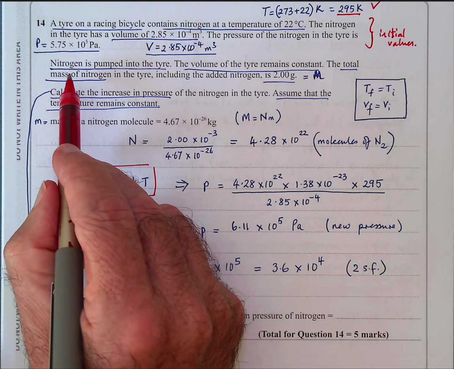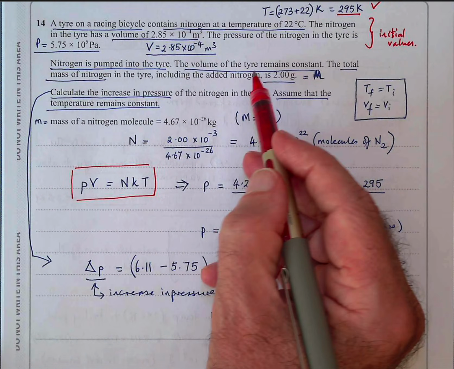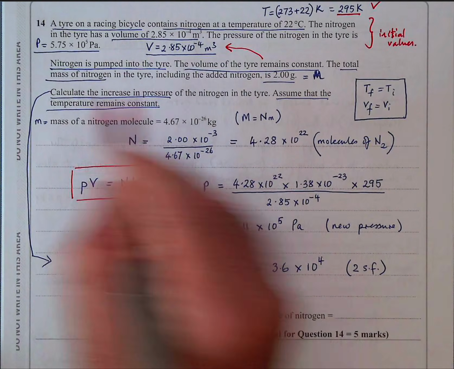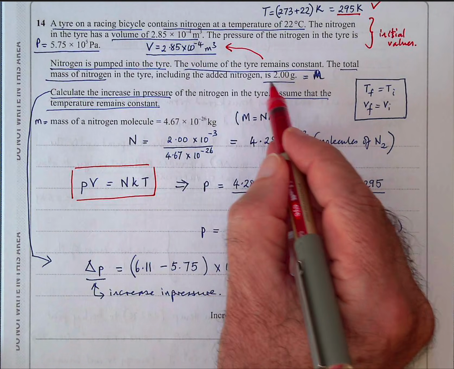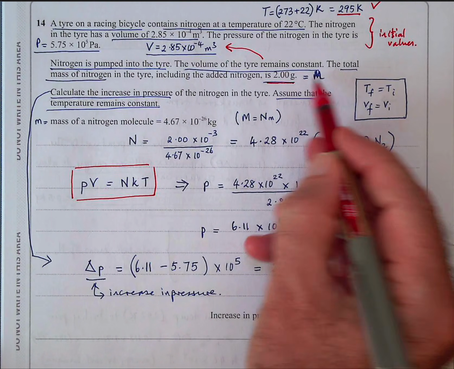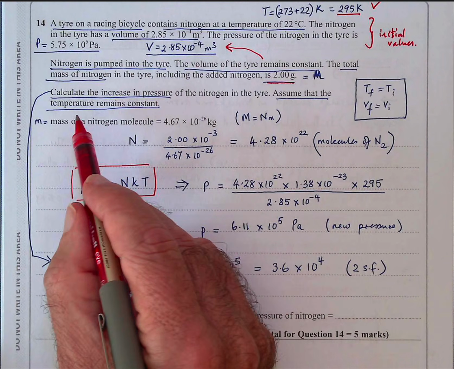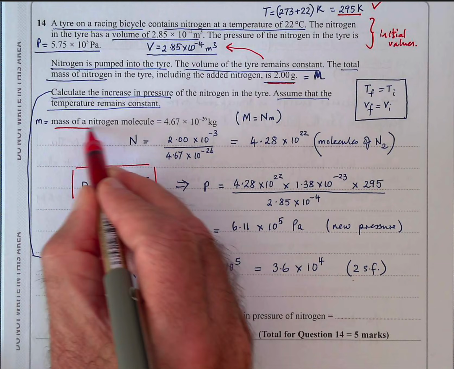And then nitrogen is pumped into the tire, so it means more nitrogen is pumped into the tire. The volume remains constant, so the volume doesn't change. The total mass of nitrogen in the tire, including the added nitrogen, is 2 grams. And we know the molecular mass of nitrogen as well. They're giving it to us.